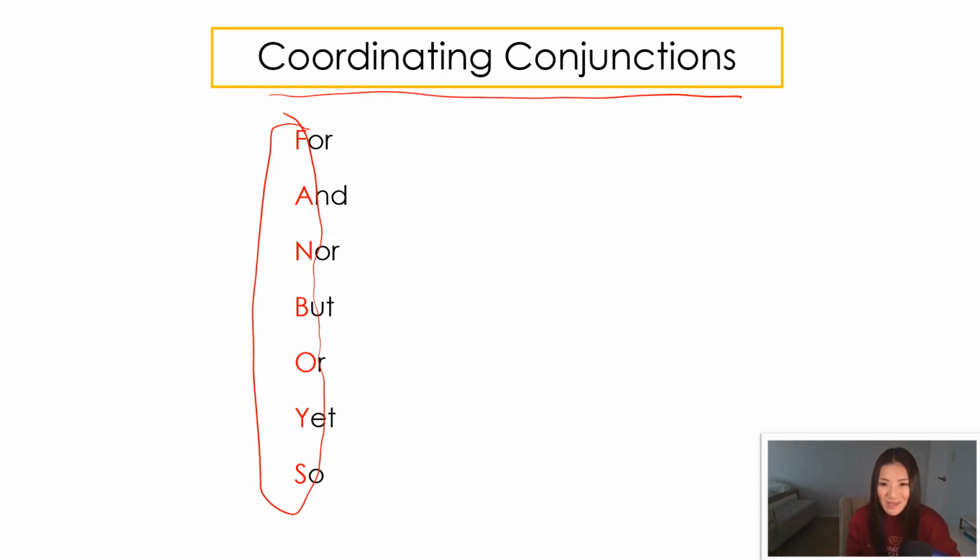I don't know what that means, but FANBOYS, right? That's a good acronym to remember. So you can remember the 7 coordinating conjunctions in English. They are for, and, nor, but, or, yet, and so. So in a compound sentence, again, please use one of these words, and please put a comma before this word.